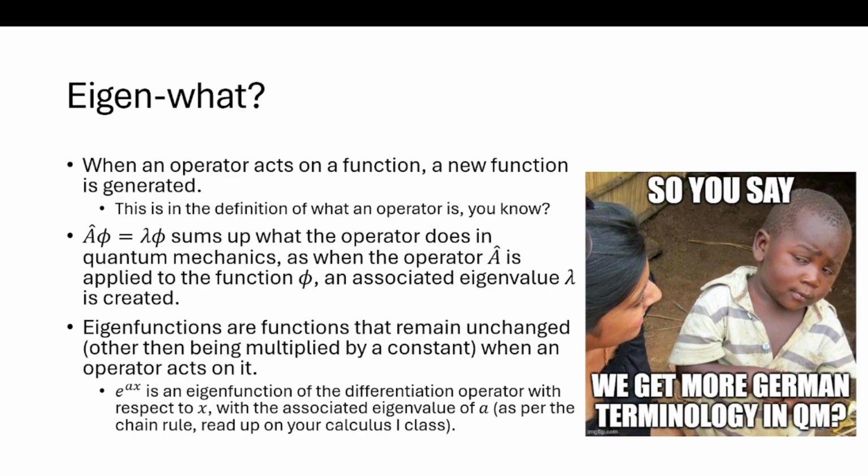A is just some number, and x is, of course, our input. When we use the differentiation with respect to x operator on it, as per the chain rule, we get an associated eigenvalue of a. Therefore, this function is an eigenfunction when we consider differentiation with respect to x as an operator.